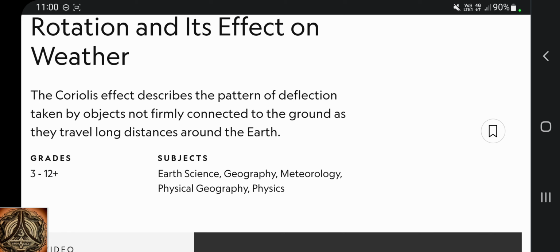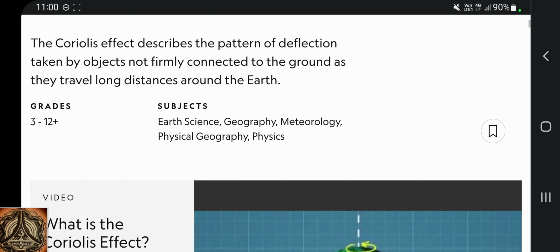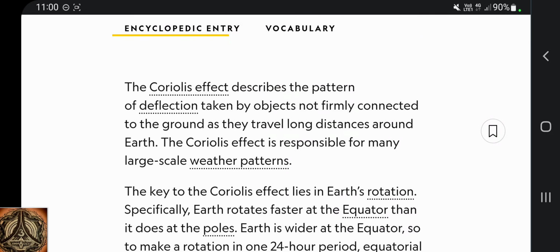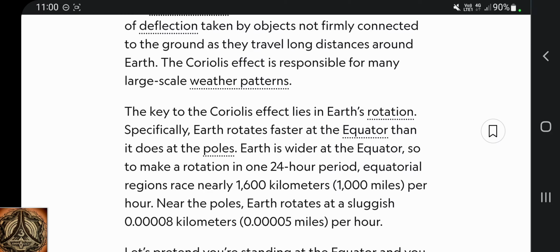The Coriolis effect describes the pattern of deflection taken by objects not firmly connected to the ground as they travel long distances around the Earth. What is the Coriolis effect? The Coriolis effect describes the pattern of deflection taken by objects. The Coriolis effect is responsible for many large-scale weather patterns. The key to the Coriolis effect lies in Earth's rotation.